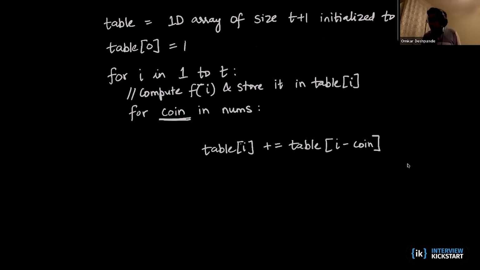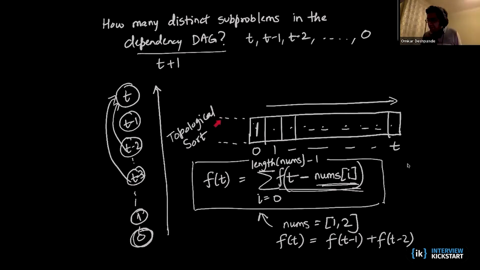Now the issue is that there will be cases where this value i minus a particular coin denomination might become negative. And if we go back to this diagram, becoming negative means we are going back to a base case that is in the negative range. So the contribution or the solution to those subproblems is implicitly a 0.